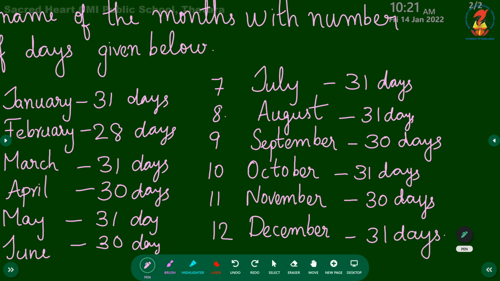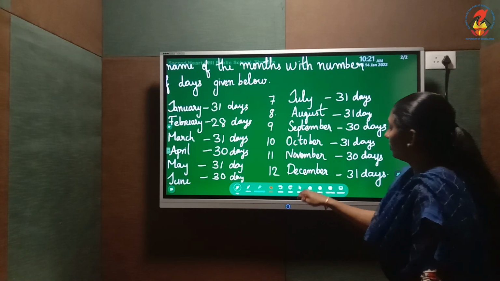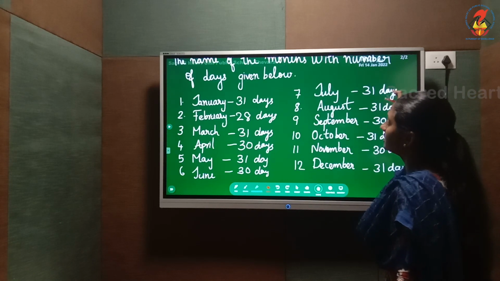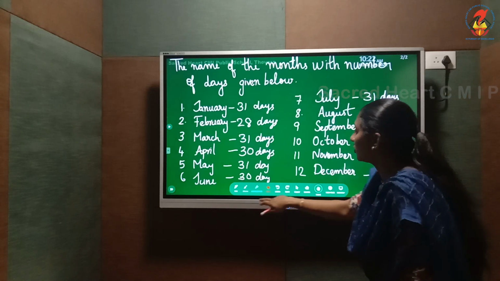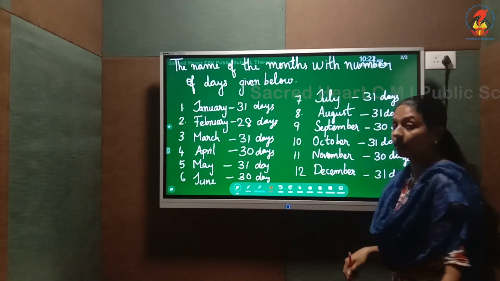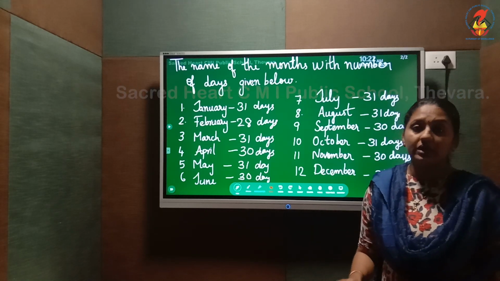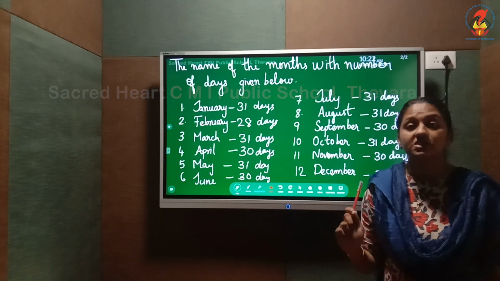So when we are calculating these months' days, we can understand that in a year it's 365 days. Only in the leap year we can count 366 days.